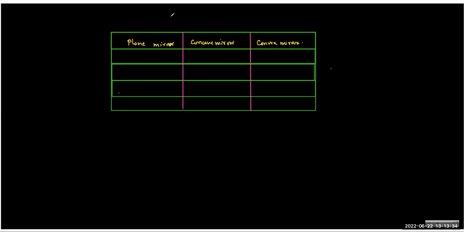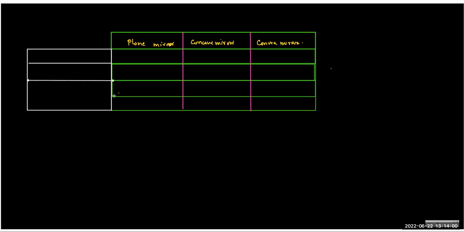So the plane mirror, what is possible? What I can do is make one more table of real, virtual, like this, and then we can just put a tick mark for possible or not possible. Yeah, that's also nice. 1, 2, 3, and okay, I think I can make one more point here.